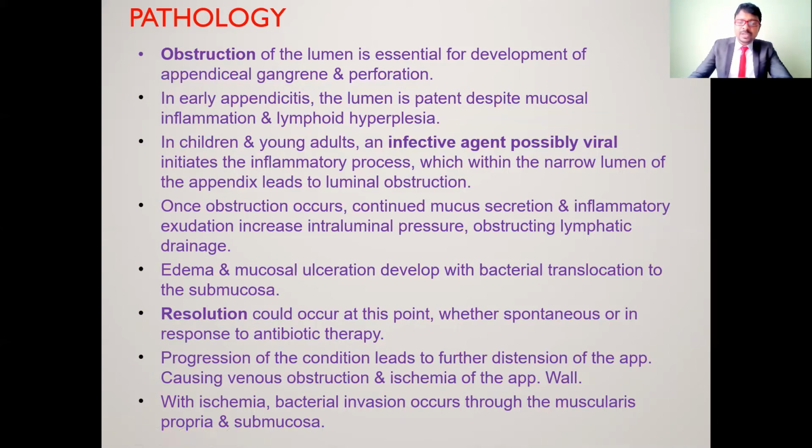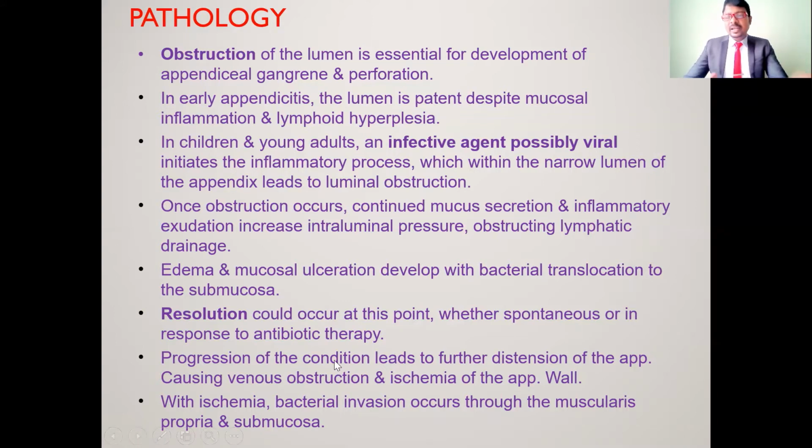So it leads to edema, and mucosal ulceration develops with bacterial translocation to the submucosa. There may be swelling, edema, and ulcers in the mucosa. Resolution could occur at this point, whether spontaneous or in response to antibiotic therapy.